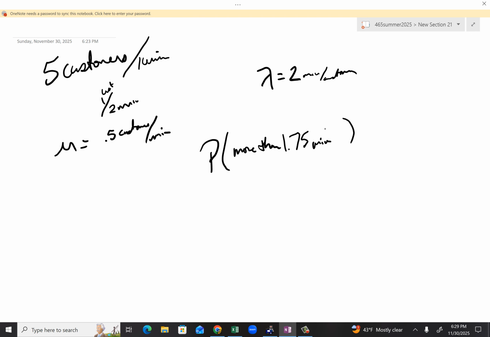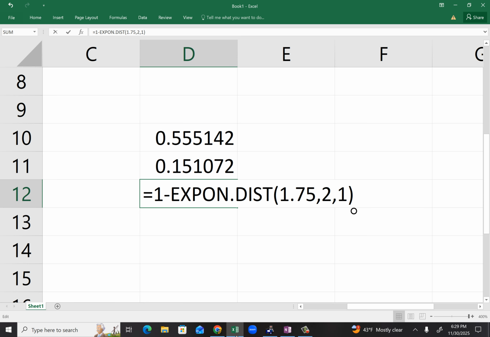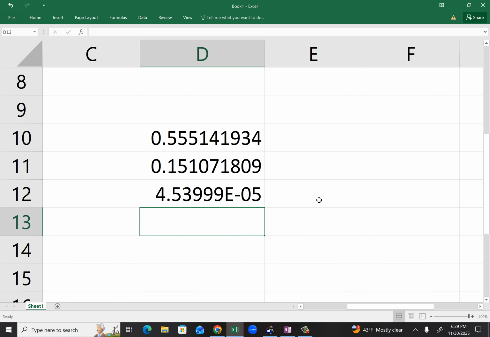If you say we average 2 minutes per customer, what's the probability we have someone come and get upset with us because it took them 5 minutes to get served? It's not going to happen. It's 0.00004. It's literally not going to happen. It could happen, but it's not going to happen.